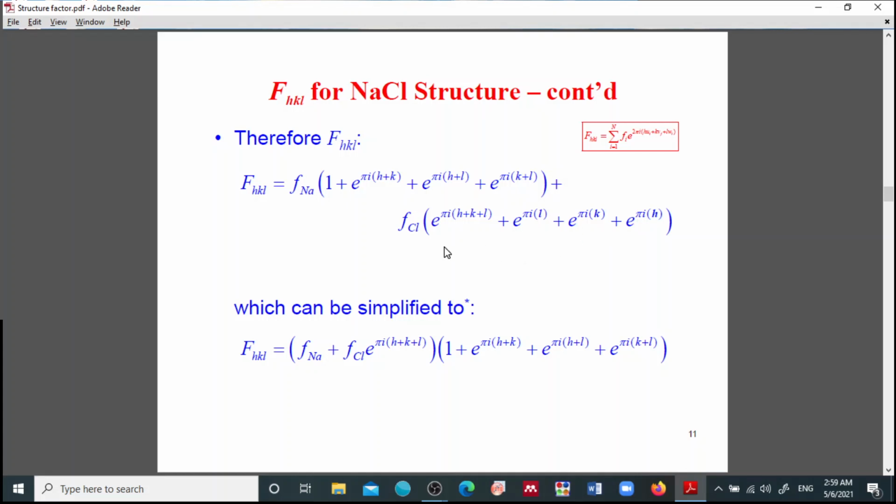Then we can simplify this to f of Na plus f of Cl times exponent pi i (h plus k plus l), and then 1 plus exponent pi i (h plus k) plus exponent pi i (h plus l) plus exponent pi i (k plus l).